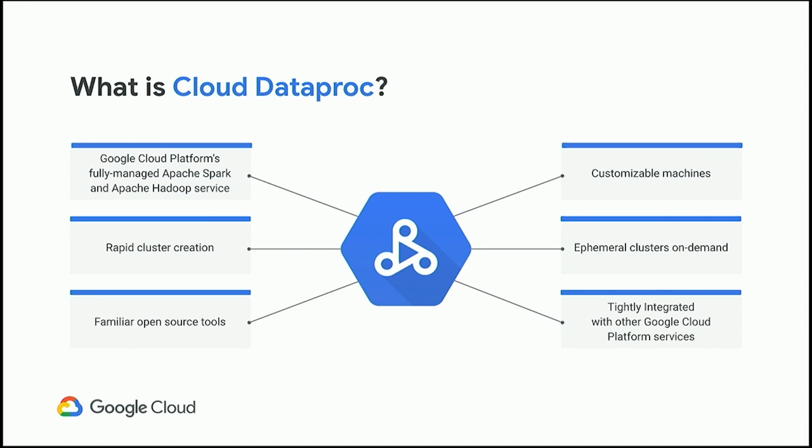We offer customizable machine types, which means that if you have a set of machine learning jobs, those could live on one cluster that's very compute intensive, while at the same time you could have a set of BI or ad hoc analysis applications that live on a memory heavy cluster. The two never have to contend for resources, but they could both be pointing at, reading from, and writing the same data sets in Google Cloud Storage.